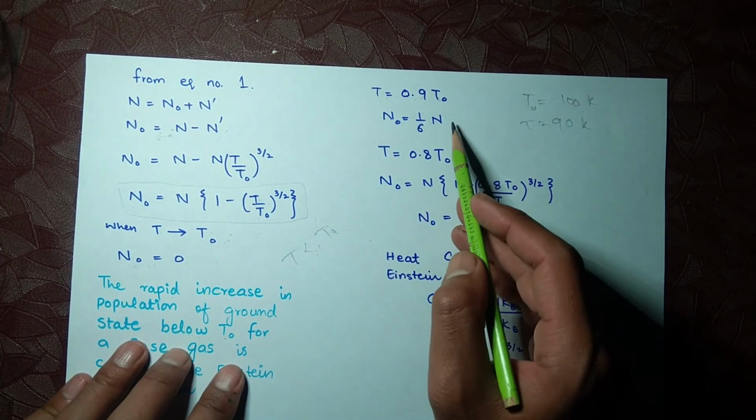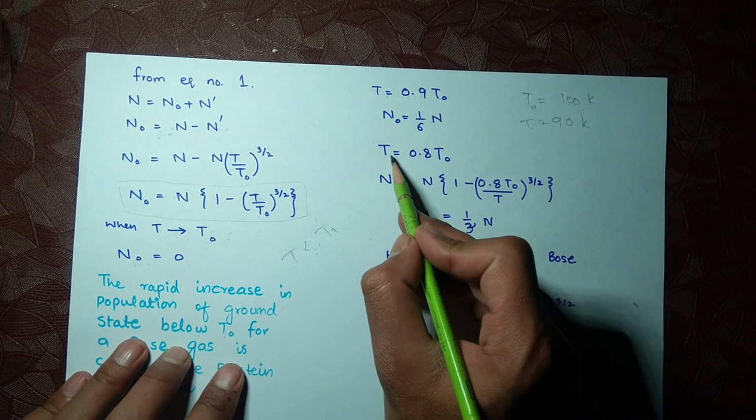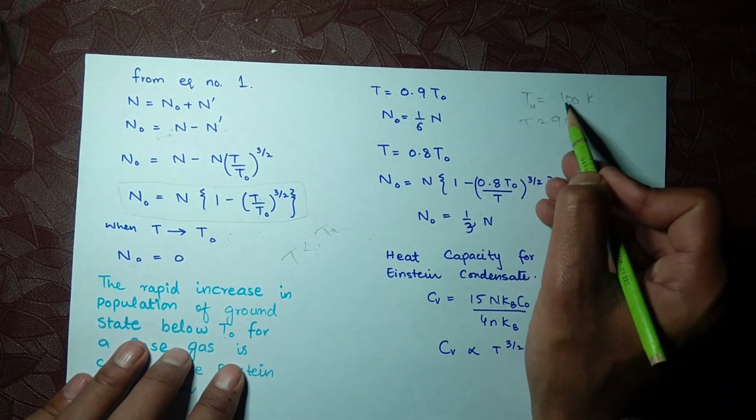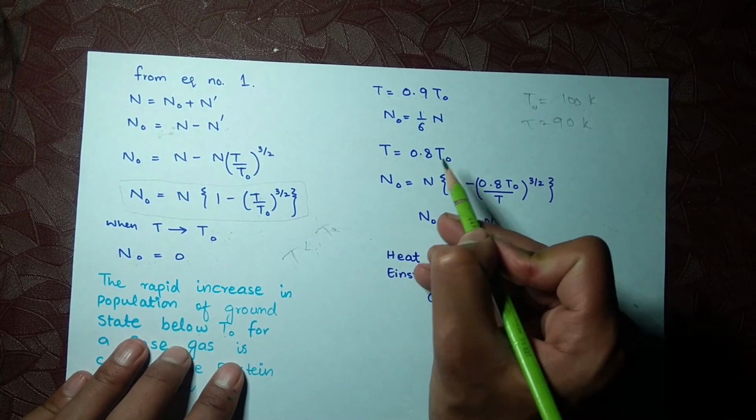Okay, now I'm solving this for 0.8. So when T is 0.8 of T naught, similarly T naught equals 100 Kelvin, and T will be equal to 80 Kelvin, which is less than T naught.